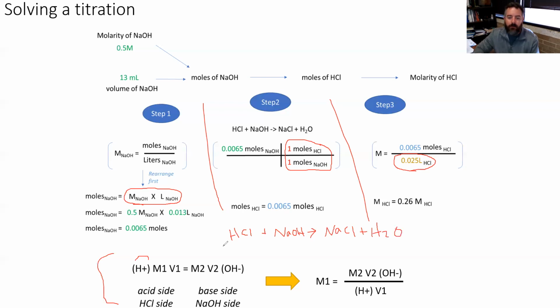This H actually represents how many hydrogens you see that will come off of that molecule. One of those molecules releases one of those hydrogens.